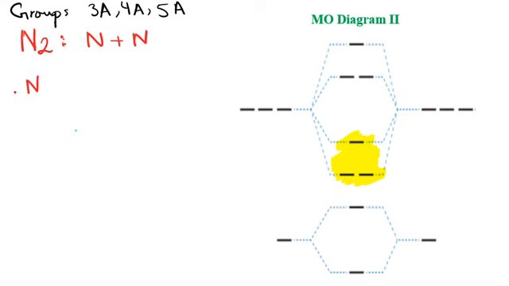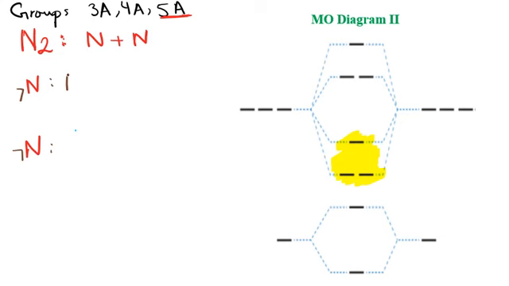So I'm going to write nitrogen, group number 5, and we are going to have this molecular diagram. It's very important you know how to set up the correct molecular diagram for each atom. So I'm going to add nitrogen with 7 electrons.